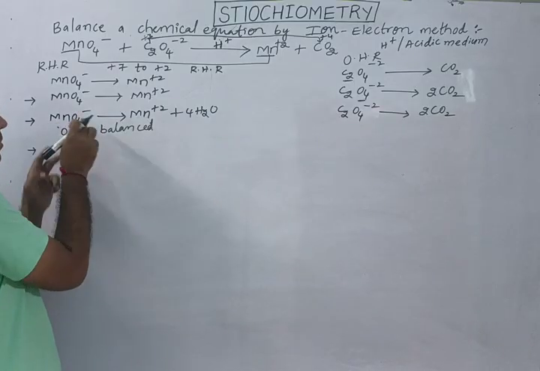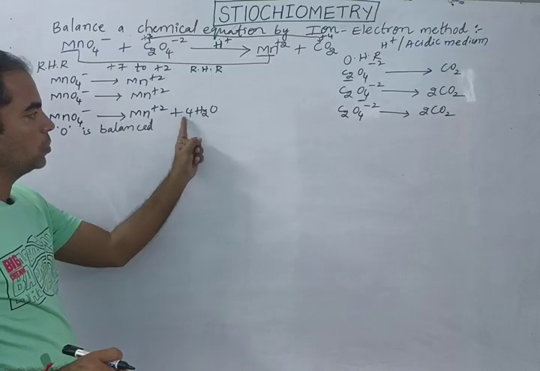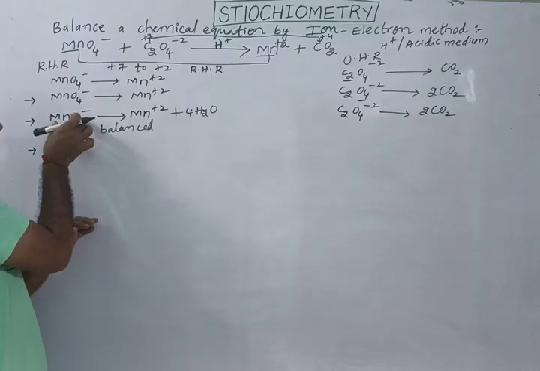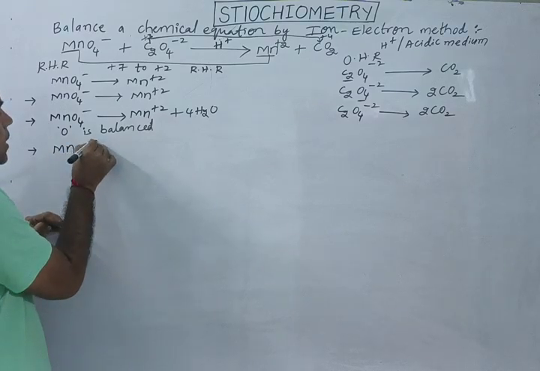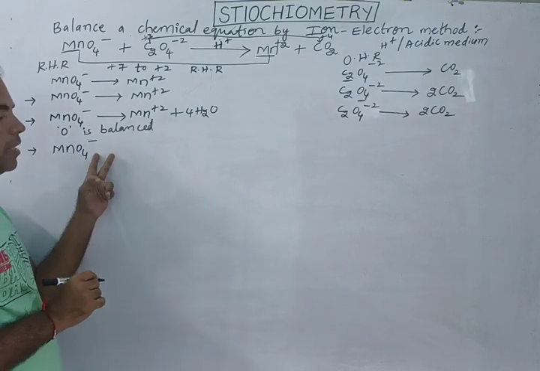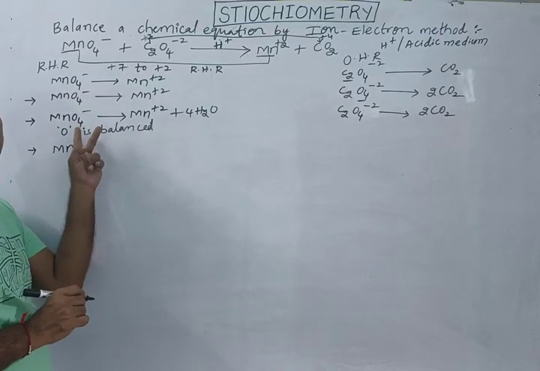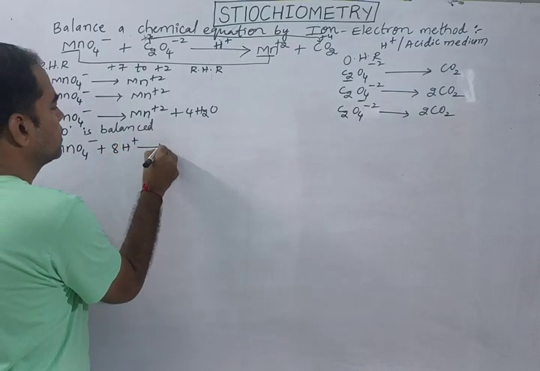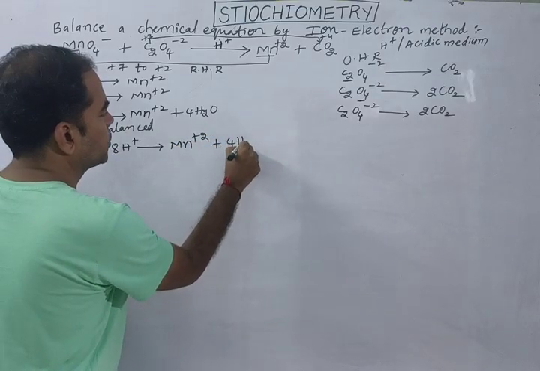In the left side, MnO4 minus, there are no hydrogens, whereas on the right side, 4 times 2, that is 8 hydrogen atoms. So we should add the required number of H plus ions on the left side. How many? 8. So we add 8H plus: 8H plus gives rise to Mn 2 plus plus 4H2O.